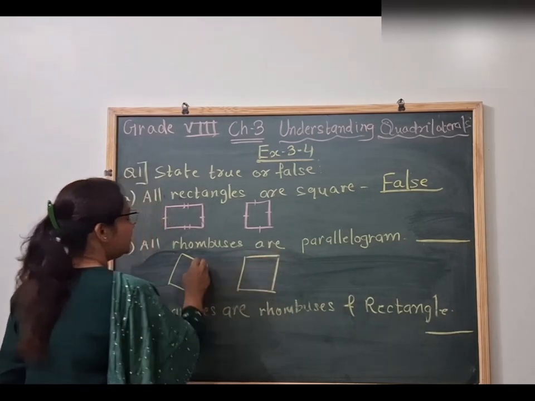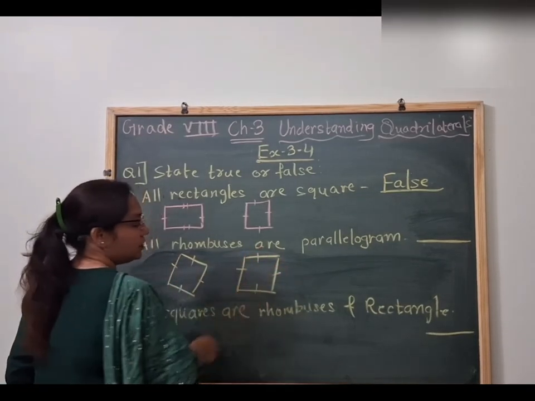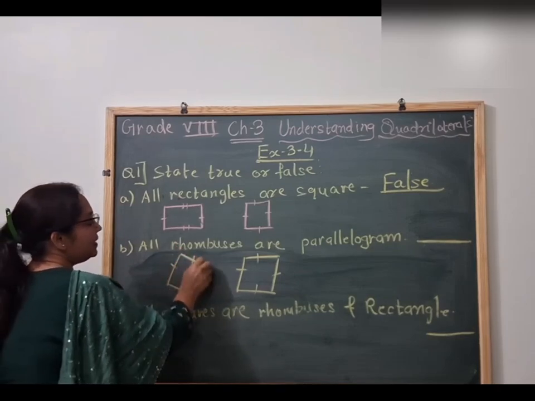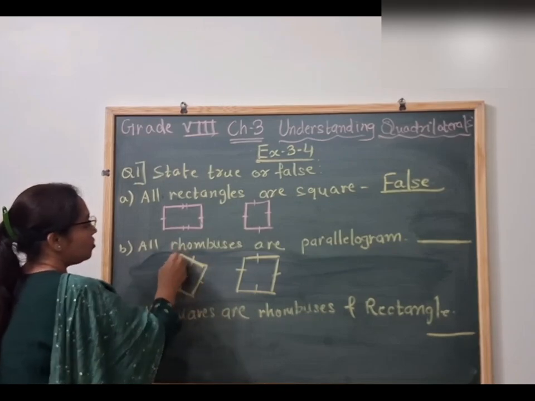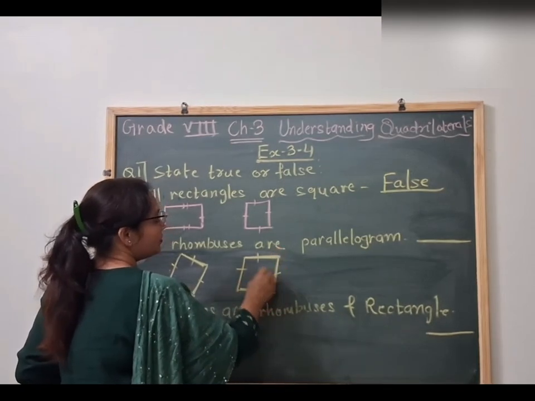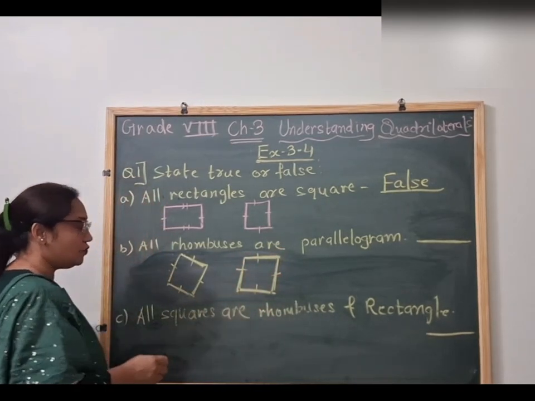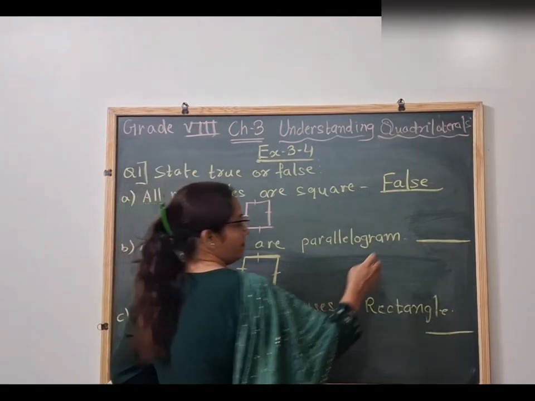Now in these two we can see, first thing, all the sides are equal here, and here also all the sides are equal. We can also say that opposite sides are parallel here, and here also opposite sides are parallel. So we can say that all rhombuses are parallelograms. It is true.